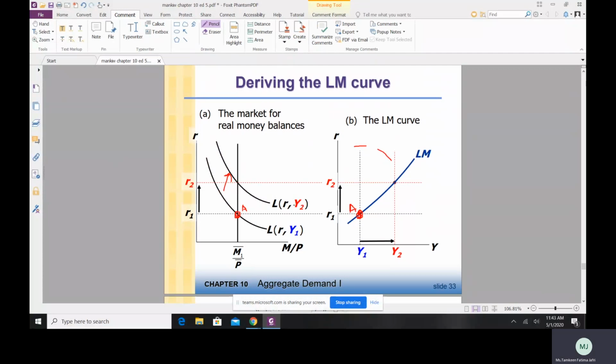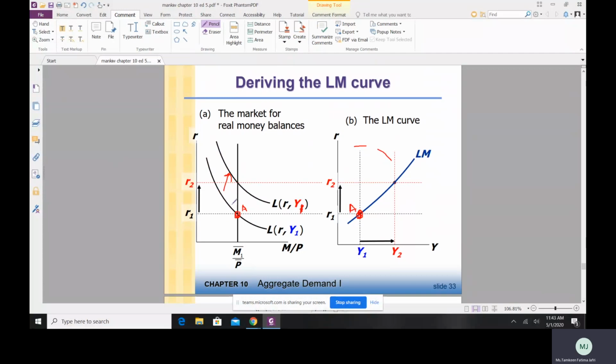So in this example, output is still Y1, output is not changing. I'm saying that money demand is changing because of factors other than R and Y. So there's a massive credit card fraud, due to which people are hesitant about using online banking or credit cards, so they would like to make more and more transactions using cash.